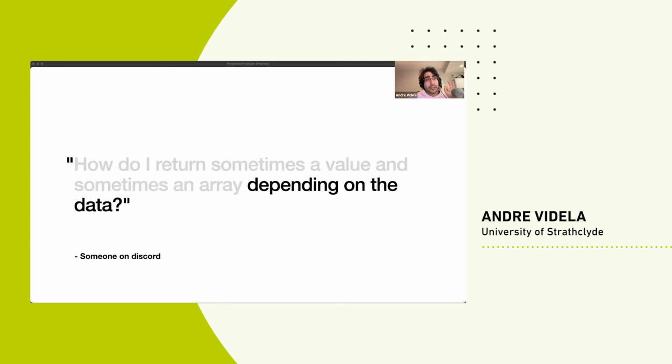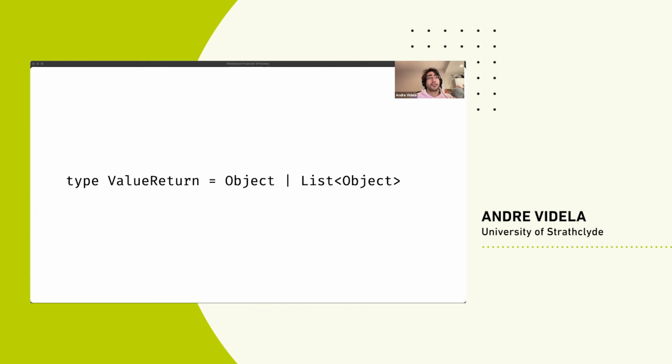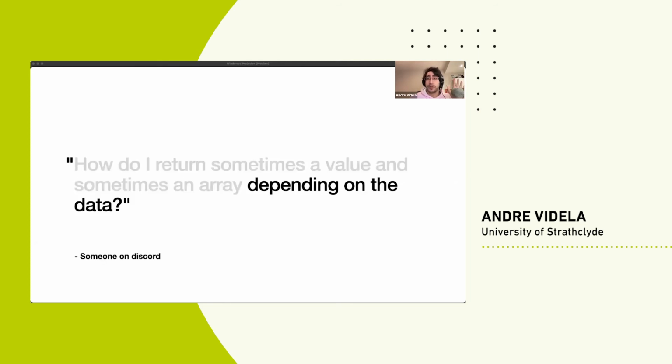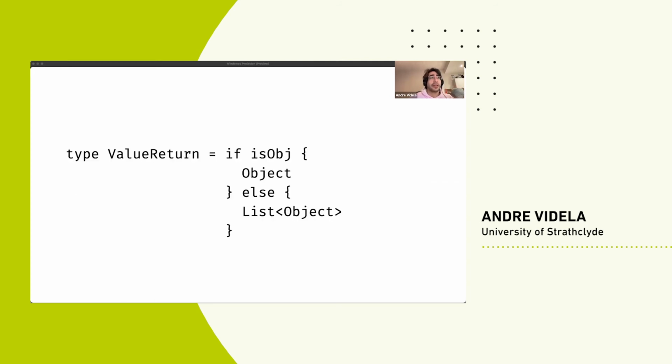The subtlety is, how do I return two things depending on the data that I'm looking at? In the previous example, we never know which data we're looking at. But in this case, when we know the data we're looking at, we have two different types. So what we really want is something like this. This is not real code, this is pseudocode, but we want something where if we look at the data, then we know that we're an object, or we know that we're a list.